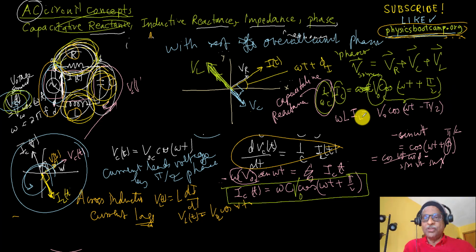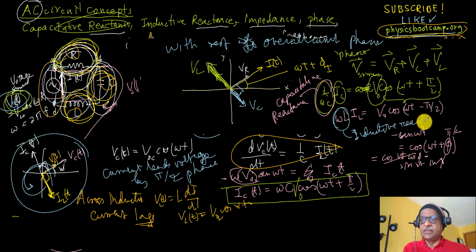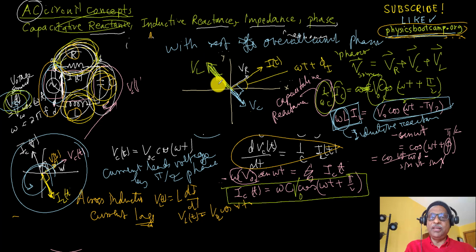Now this part is like a resistance, but instead of calling it a resistance, we call it inductive reactance. And this whole thing is like a voltage across this. So this will be like a VL, and this will be the other one, like a VC.